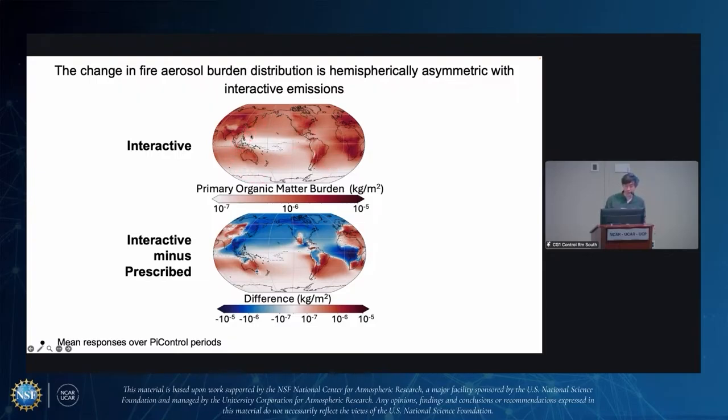But somewhat unexpectedly, we see that the spatial distribution change in POM burden is hemispherically asymmetric, with more POM burden in the interactive experiment in the southern hemisphere, up to 10 to the negative 7 to 10 to the negative 5 more POM burden, and less POM burden in the northern hemisphere, from around 10 to the negative 6 to 10 to the negative 5 kilograms per meter squared.